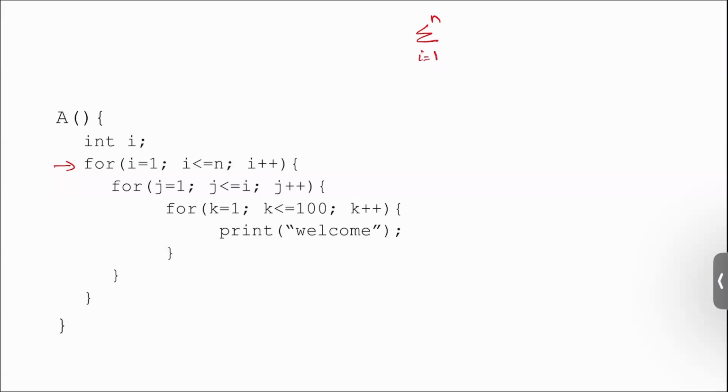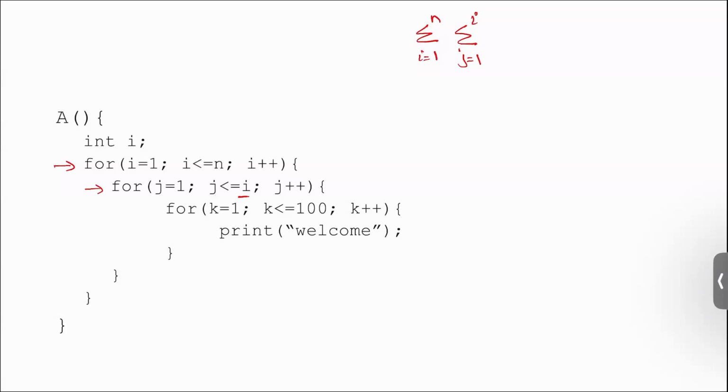In the outer loop we have another loop, so that means another sum equation, j going from 1 to i. Because this is not a constant, it is now running for i times, which is different from the previous one. In the previous one we had n here, and this time we have i.